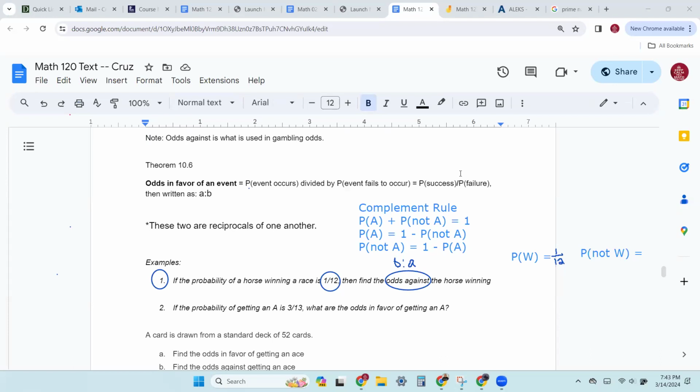This is why we need that complement rule. And I'm going to show you an easy way to do this without having to go through and do the fraction and all that. Well, you still have to have this fraction. But the way that Alex explains it, they go through a bunch of rigmarole that really just makes it more complicated, in my opinion. But let me ask you this question. If we take 1 and subtract from 12, how many do we have? 11. 1 from 12 is 11.